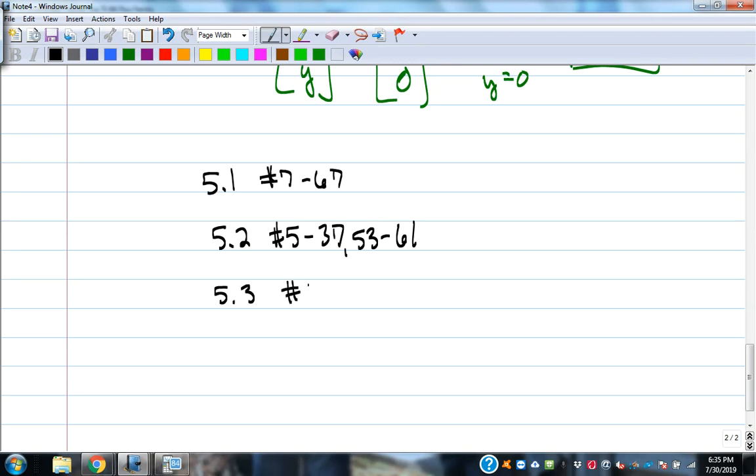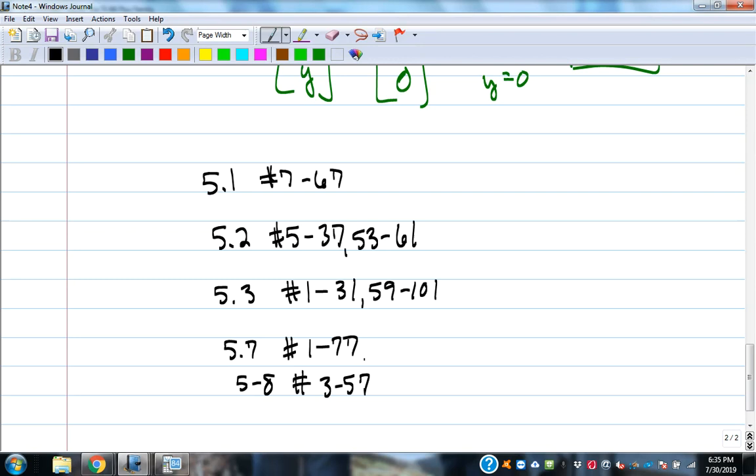I don't figure you need a ton of practice with that, but I offer it up just anyway. 5-7, that was the operations, and then 5-8 was the inverse stuff. So that's the matrix things that we're going to do, and a lot of calculator stuff involved there.